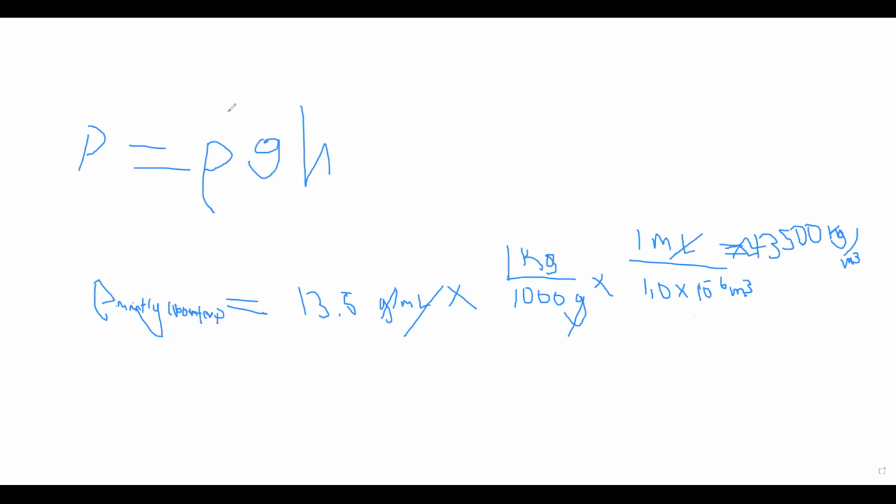All right, so you know rho, you know g is 9.82 meters per second squared. It gave you h, which is 0.140 meters.